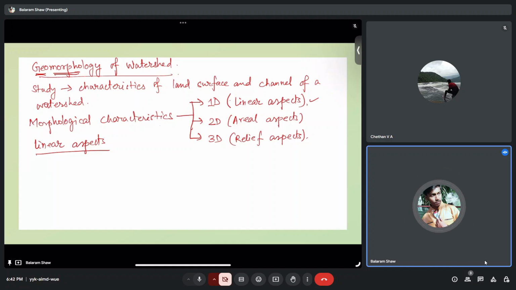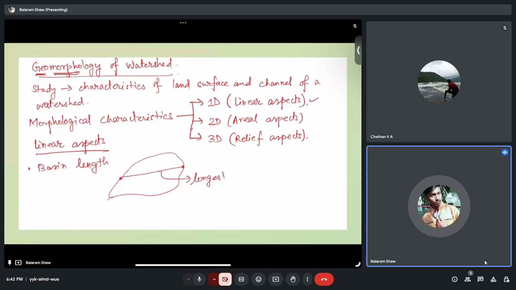So firstly is the basin length. So what is basin length? So let's say if you have a watershed, something like this. Okay. So basin length can be, let's say if you start from any point, let's say from here to here, let's say this is the longest straight line that we can create in this watershed, with this shape, then that we'll consider as the basin length. So this is one of the definitions. Second definition can be the greatest distance between the outlet point.